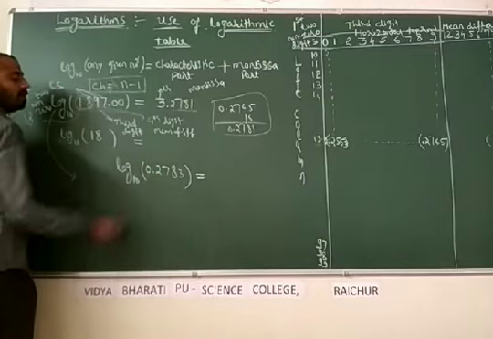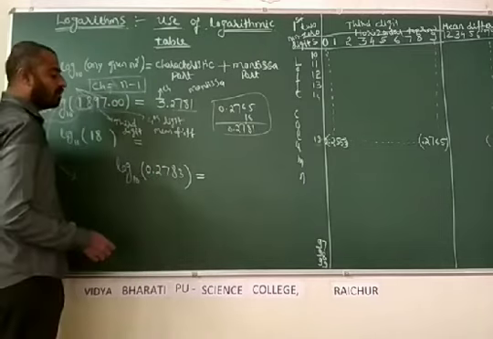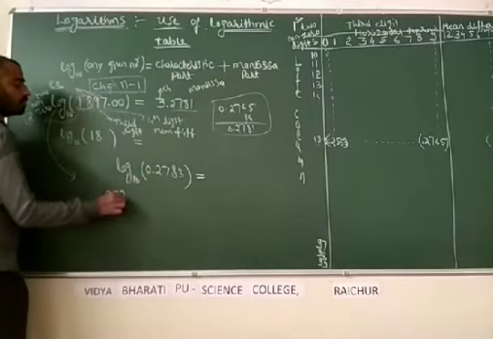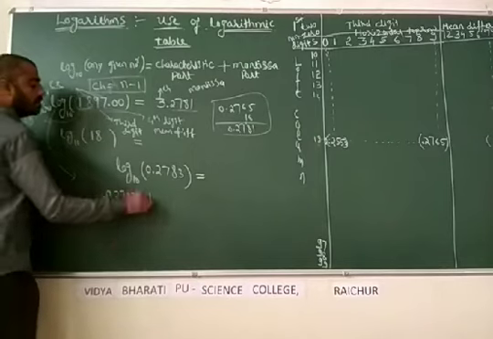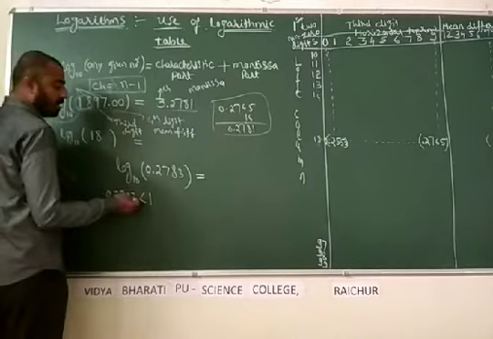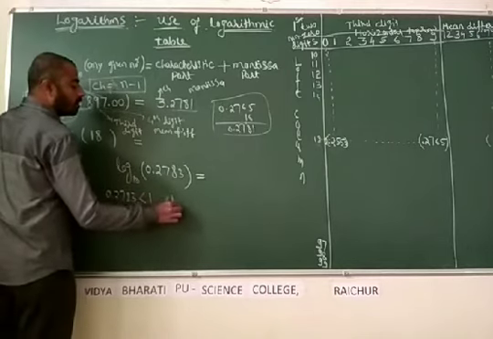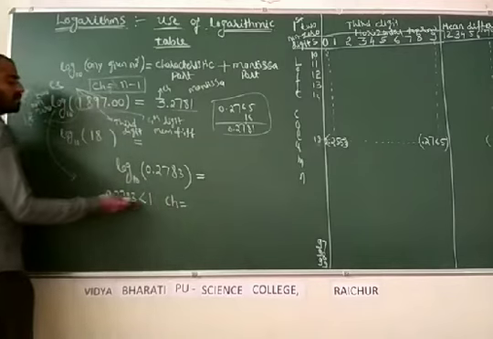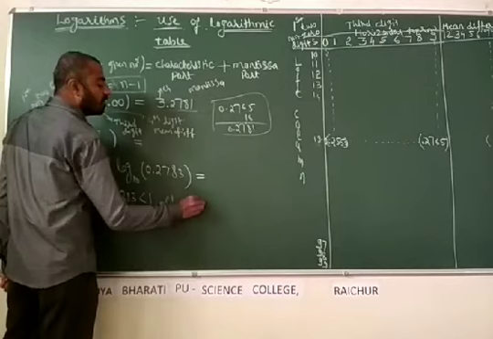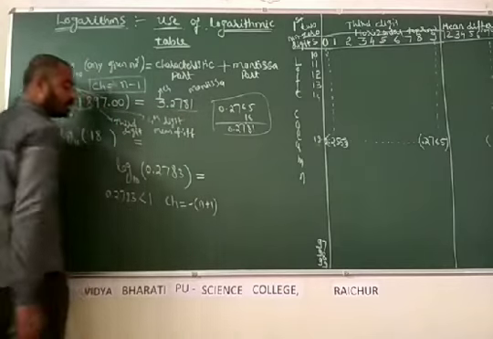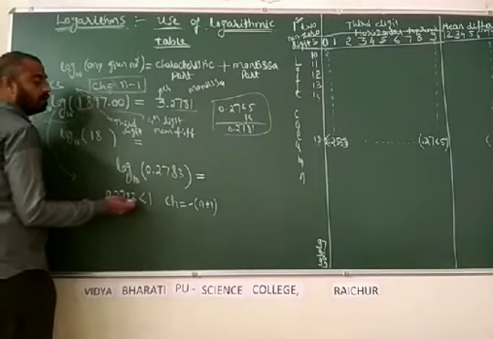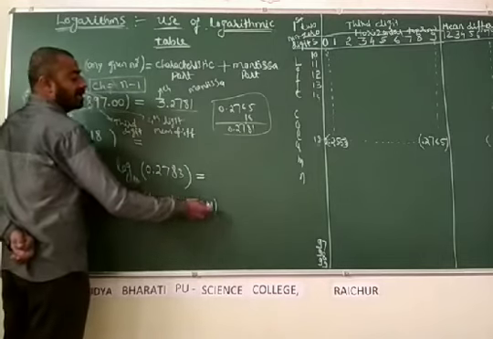0.2783 is less than 1. If the given number is less than 1, how should the characteristic be found? The characteristic of such a number is minus of n plus 1.